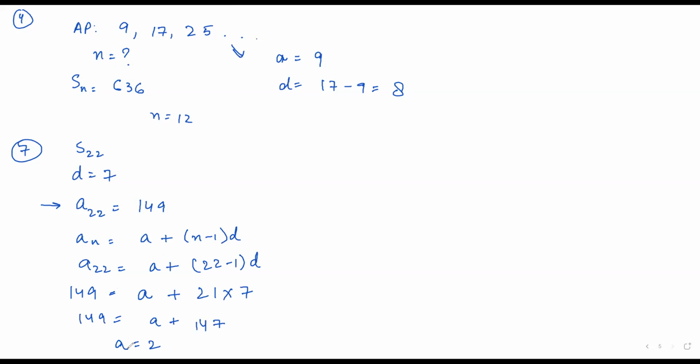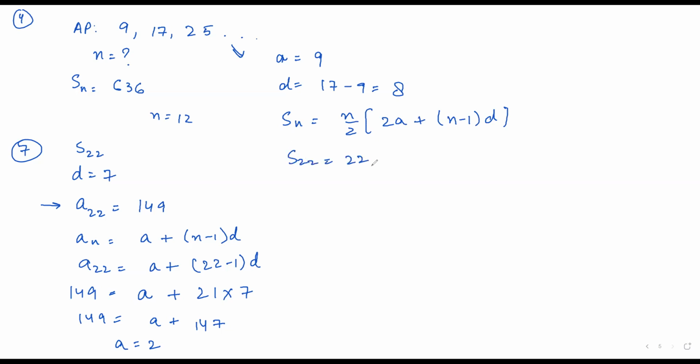Yes, ma'am. So you have got A, you have got D. Now you want S22. So now the formula is Sn is n by 2 into 2A plus n minus 1 into D. But now you know A and D, but you don't know n, right? Yes, ma'am. No, but you know, right? S22 you are finding, so your n is 22, correct?